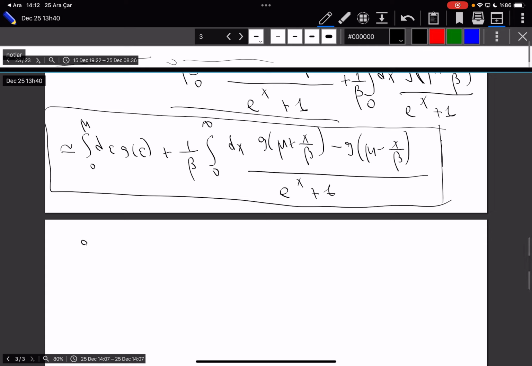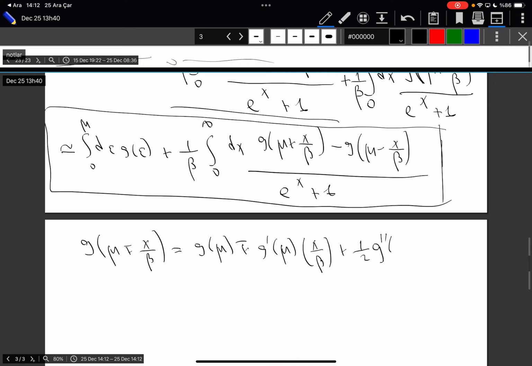And it will be nice because g of mu plus or minus x over beta is equal to g of mu plus or minus g prime of mu times x over beta, plus 1 over 2 g double prime of mu times x over beta squared, plus higher order terms if you want to calculate them. So g of mu plus x over beta minus g of mu minus x over beta: both of them contain g of mu, so when I take the difference, this term cancels.